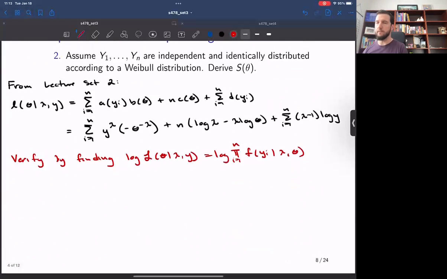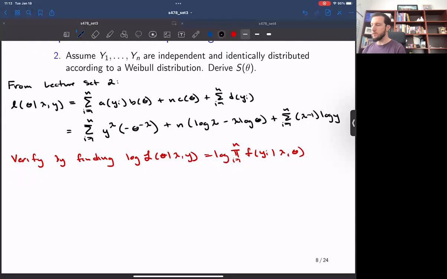We can verify our results using the exponential family relationships by using the classical approach for finding the log likelihood, which would be just to take the product of the densities and then take the log of that result. And these should end up at the same value. It's good practice too to go through this, as this is the standard approach for finding MLEs for most distributions. So I'll leave that as an exercise just for some practice.